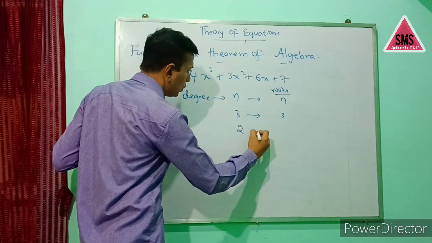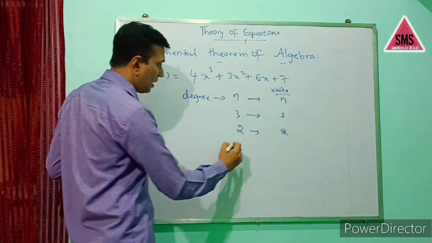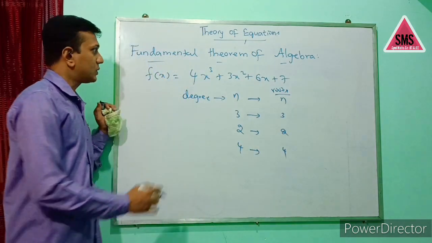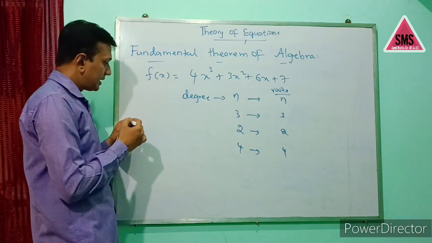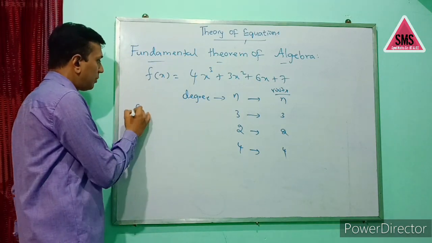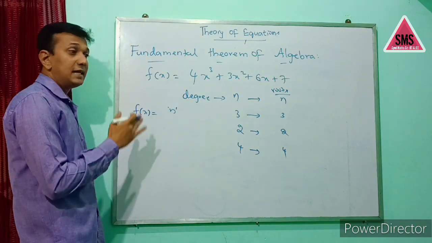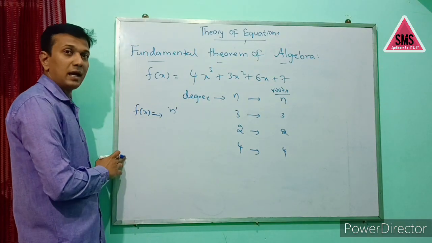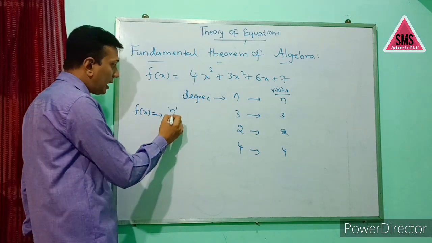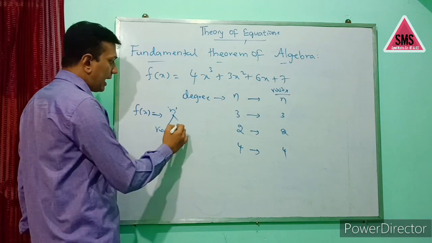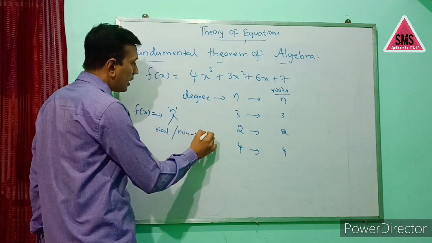If the degree is 2, 2 roots. If the degree is 4, 4 roots. Understood? So the fundamental theorem of algebra says that if f of x is a polynomial of degree n, then it has n roots. And among those n roots, we will have real roots as well as non-real roots.